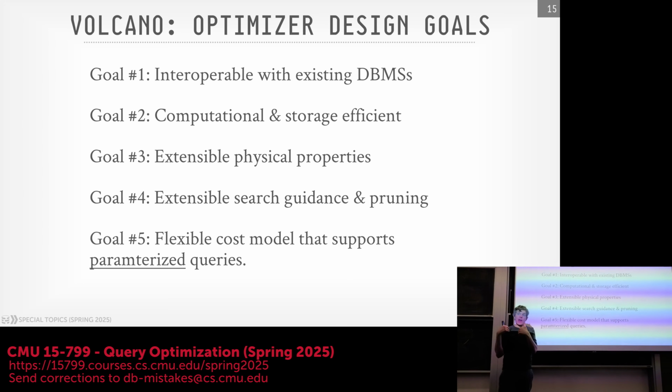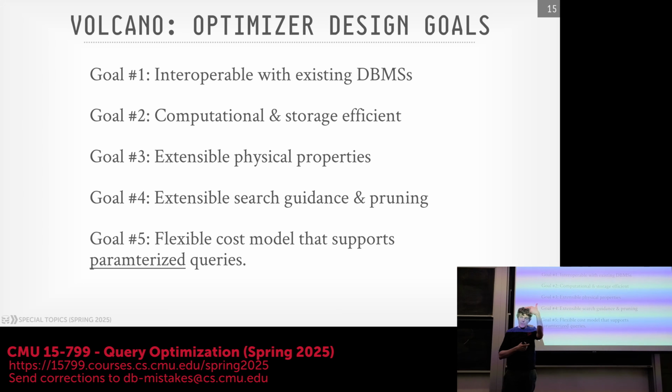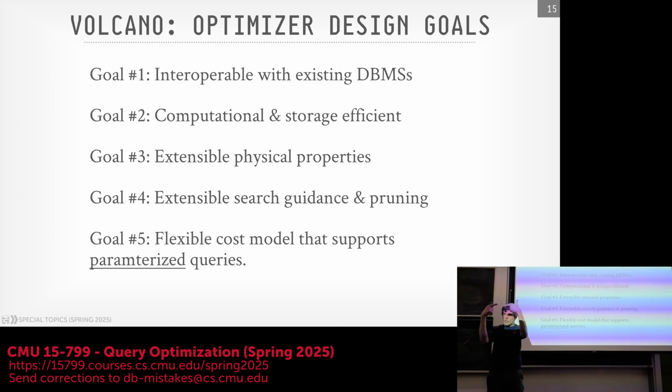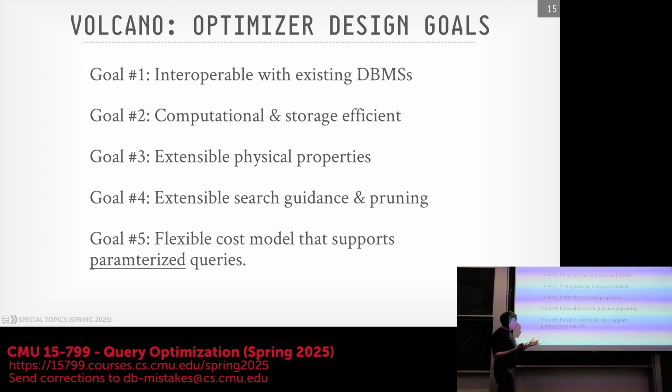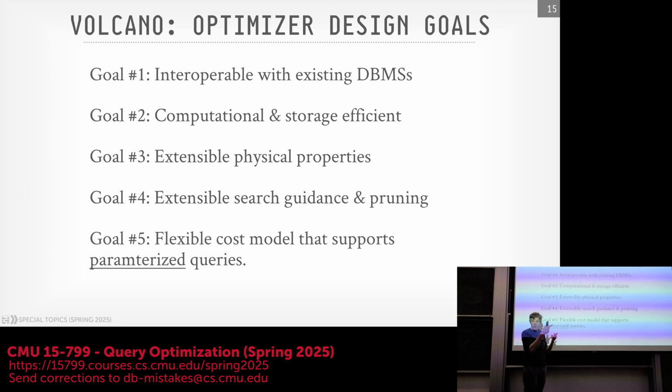And the idea is that at runtime, when the application actually invokes that query, they would invoke it as a prepared statement and then pass in the value for that parameter. So ideally, you want to be able to generate a query plan as soon as you're told to prepare the statement, and then at runtime later on, fill in that value, and not run through the whole optimizer again. Again, the paper doesn't talk too much about how to support this.